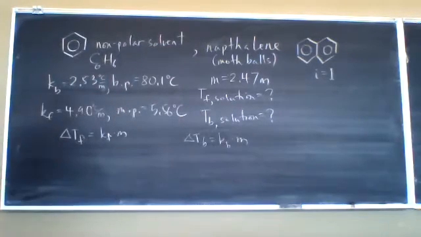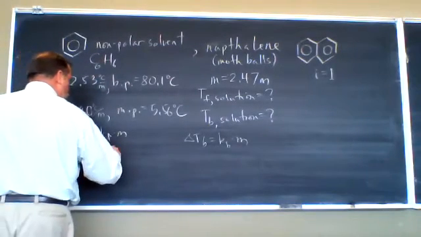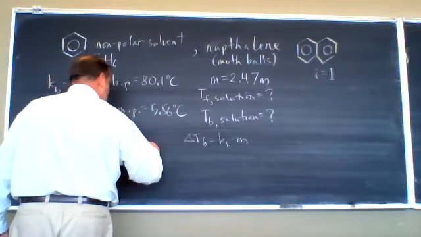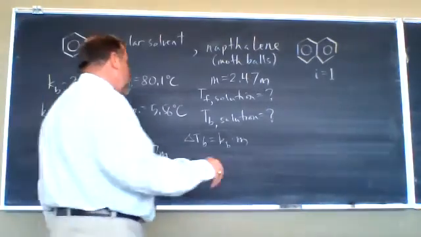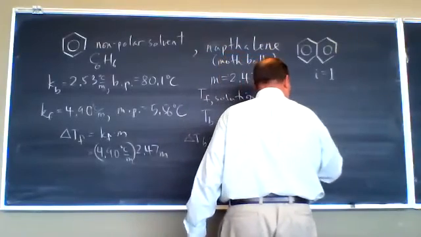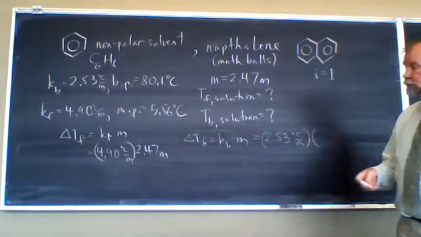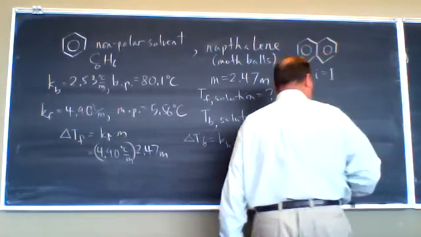Now we just fill in the information. The freezing point difference: 4.90 degrees Celsius per mole times 2.47 mole. And for KB, it's going to be 2.53 degrees Celsius per mole times the molality, 2.47 mole.